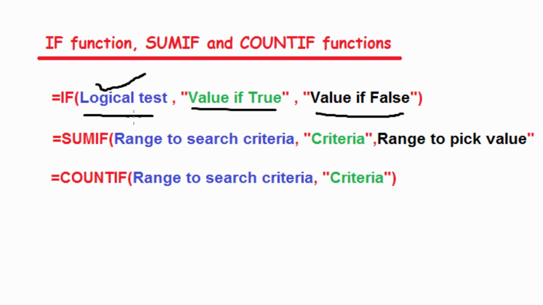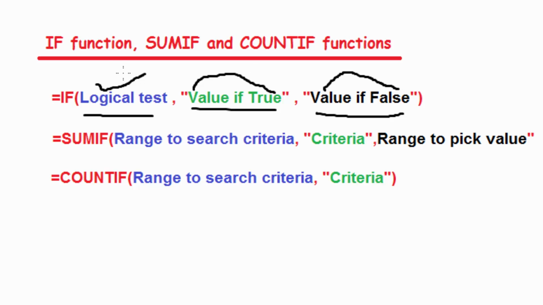In case the test is true, then the value written in the middle, in quotes, will be shown. And in case the test is false, the value in the third parameter will be shown.